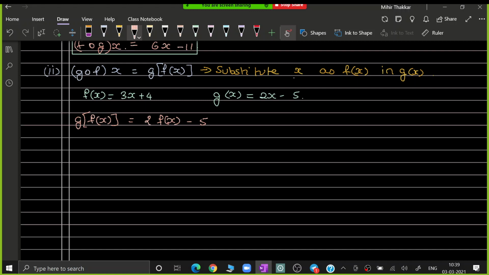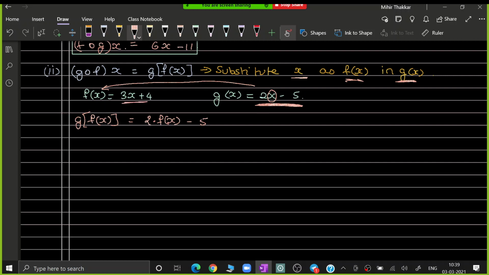See what I have done? I have substituted x as fx. This x over here has been replaced by fx in the gx function. This is your gx function 2x minus 5. So this becomes 2 into fx and minus 5. Now what was your fx?